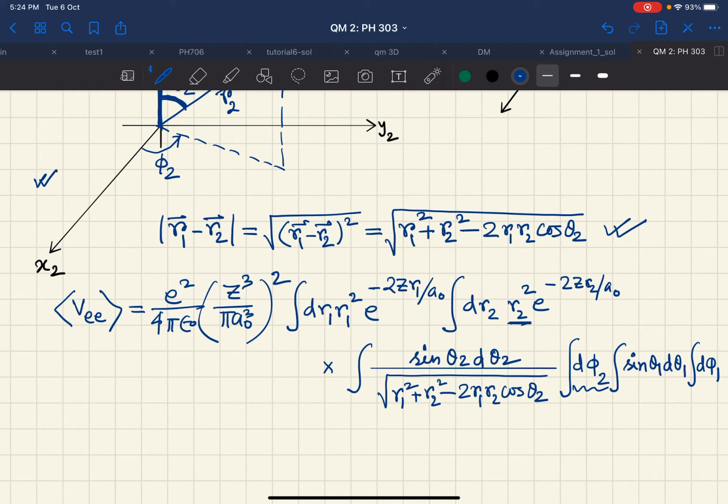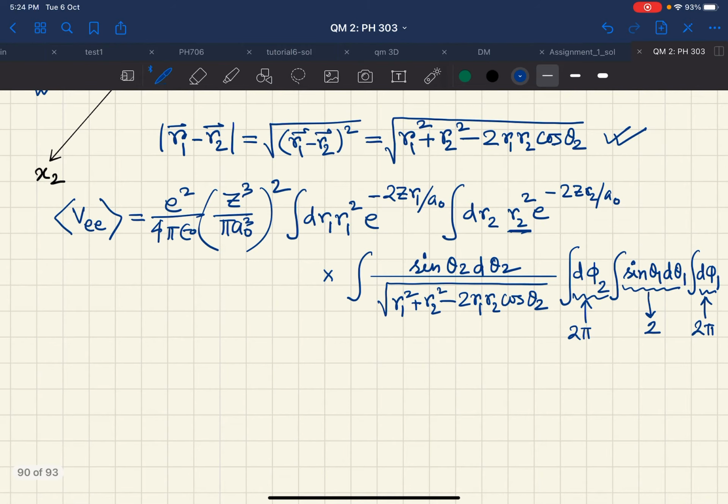So this is going to contribute 2 pi, because there is no phi 2 dependence anywhere. This is going to contribute 2 pi, and sine theta 1 d theta 1 from 0 to pi is going to contribute 2. So together we will have 8 pi square, and this is from 0 to pi.